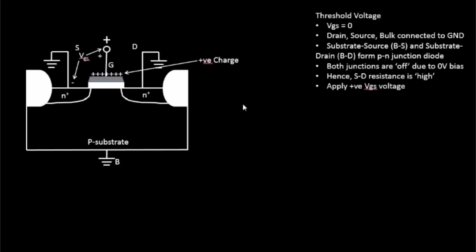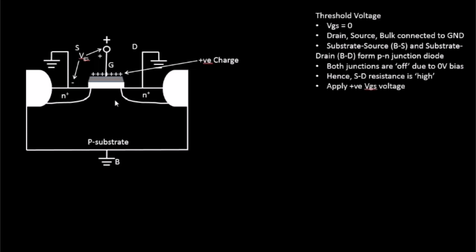If you see the behavior of a magnet, what does a magnet do? A magnet repels like charges and attracts opposite charges. Similar behavior will happen over here, so let's see what it exactly does. You have this particular plate of the capacitor which is completely positively charged. The first thing you can expect is this: a P substrate means there are all P-type charges over here.